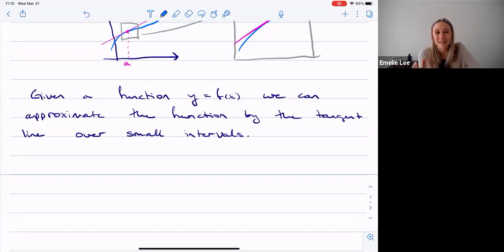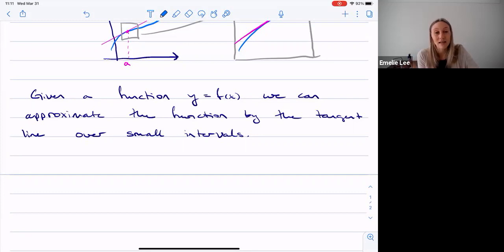I Googled it, I tried to figure out why this is so important, and I know calculators are using approximations. They're not necessarily using linear approximations all the time, but linear approximations are obviously the easiest ones to deal with. Besides simplifying calculations, I couldn't really find an answer, but it's something that we have to learn and something we have to do.